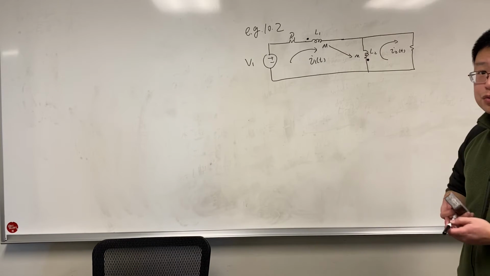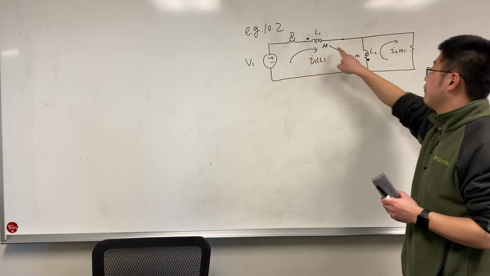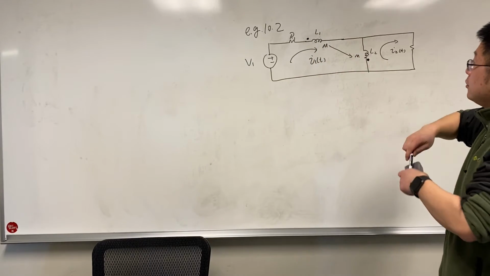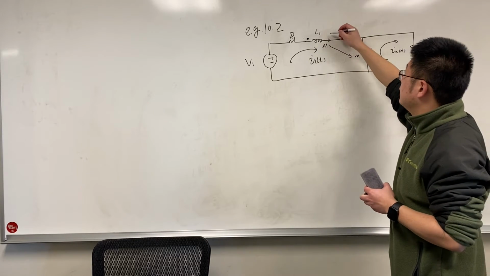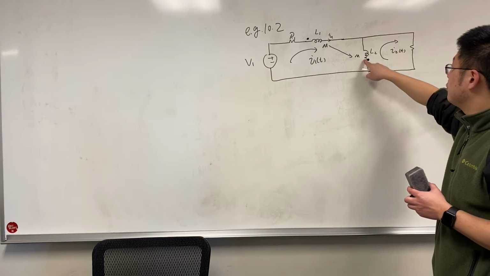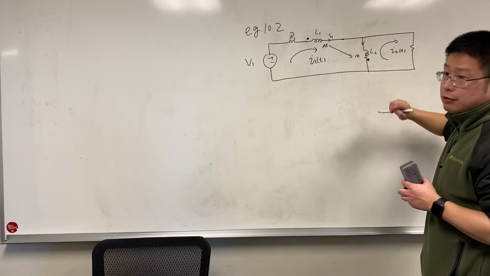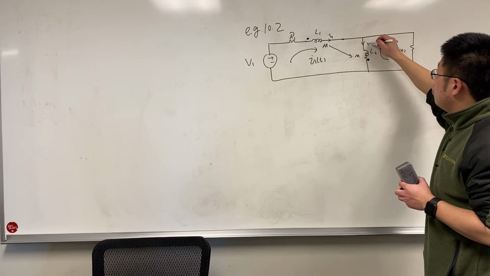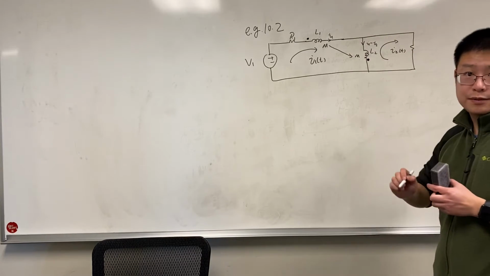First, we need to figure out the current flowing through L1 and L2. It is obvious that the current flowing through L1 is I1, right? How about the current flowing through L2? The current flowing through L2 is I1 minus I2, right?